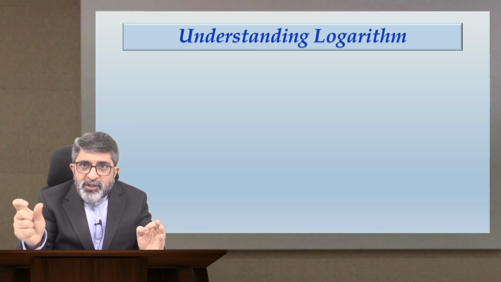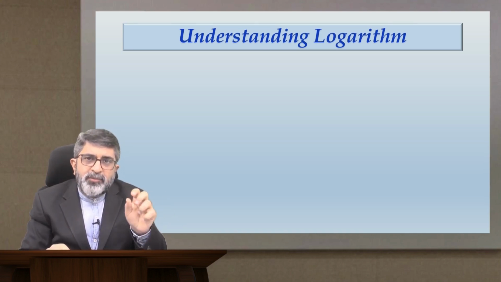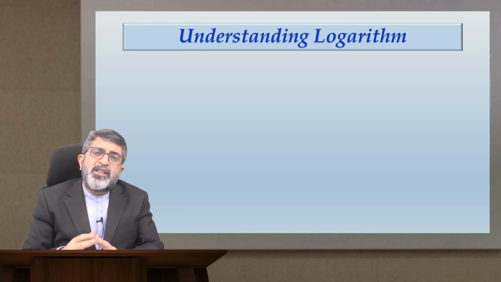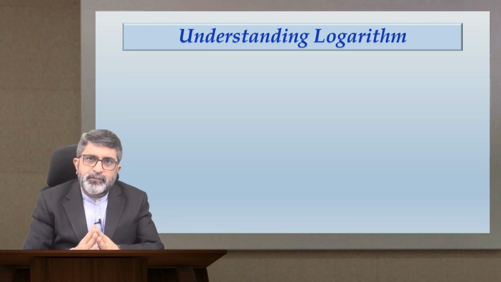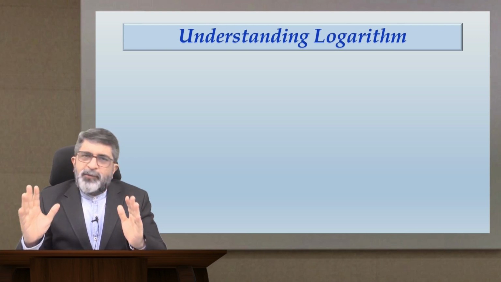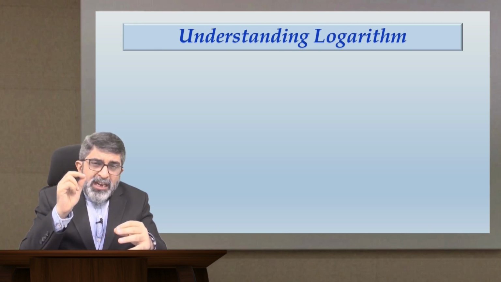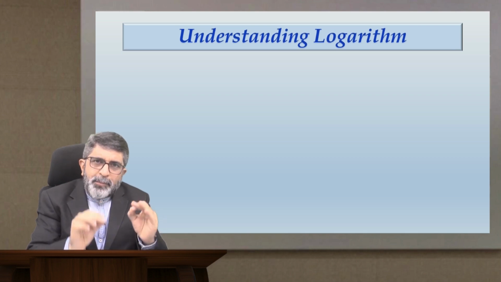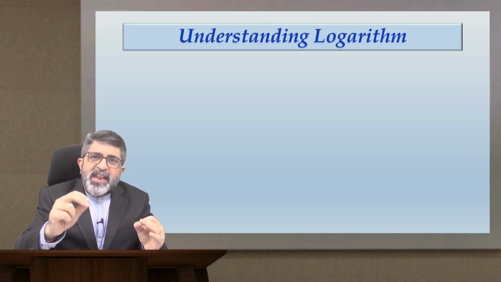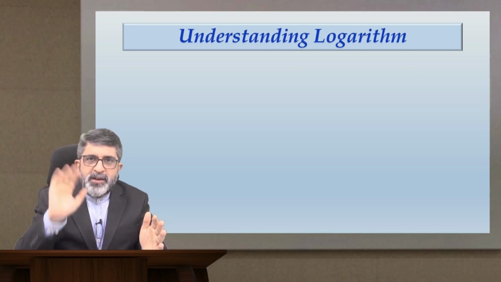So ln of something indicates natural log of something, and log of something is indicative of the basic log or common log of that number. Now, focusing on the basic log first, which takes the base as 10, the meaning of logarithm I would explain with an example. Suppose we take the square of 10. So 10 squared will give you 100.